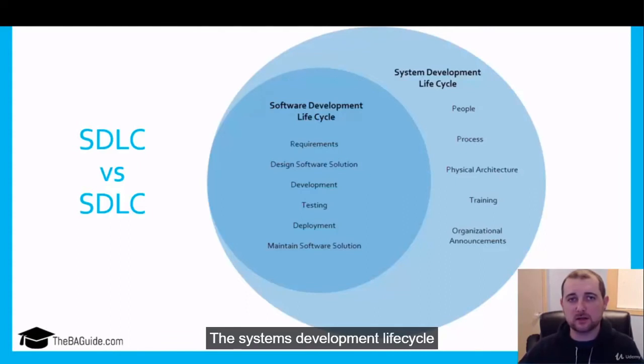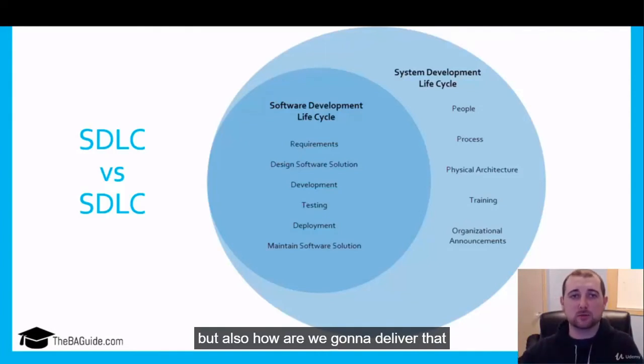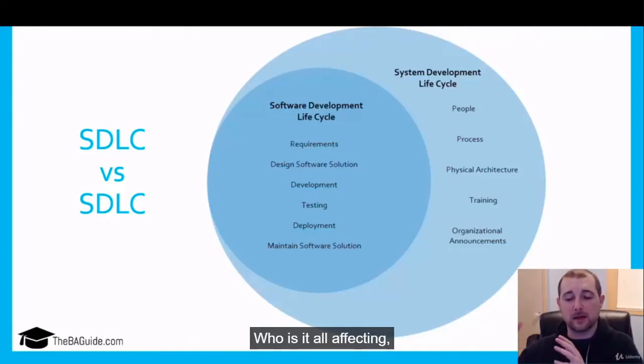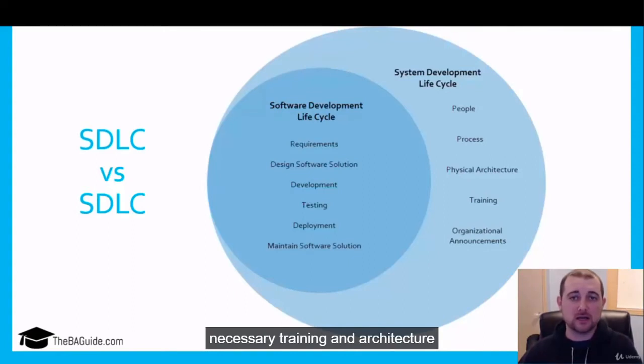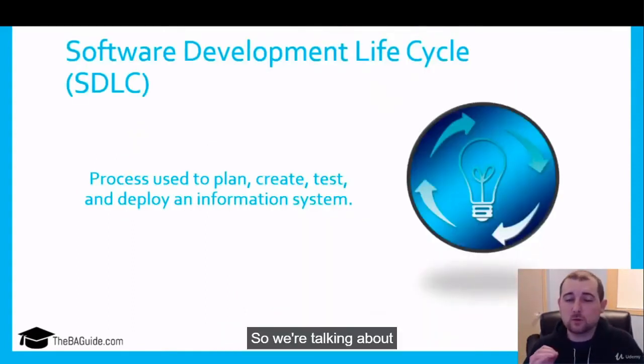The systems development lifecycle is more of the big picture. That's encompassing the whole thing, not only the software, but also how are we going to deliver that to our people? Who's it all affecting? And making sure that they have necessary training and architecture in place to handle it.